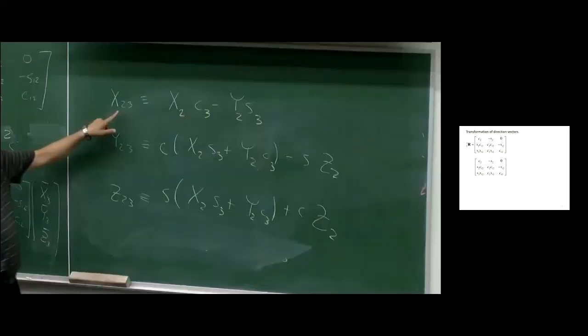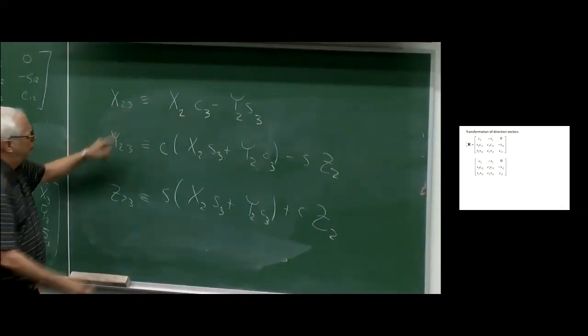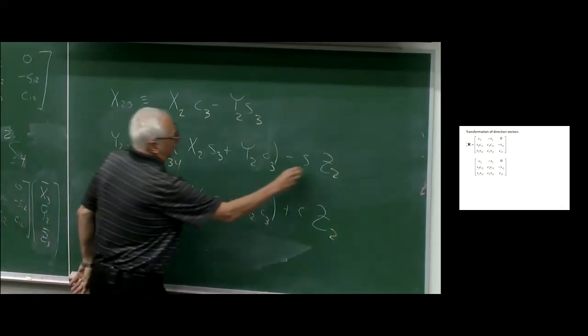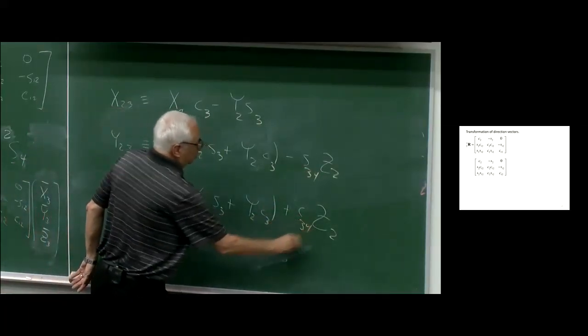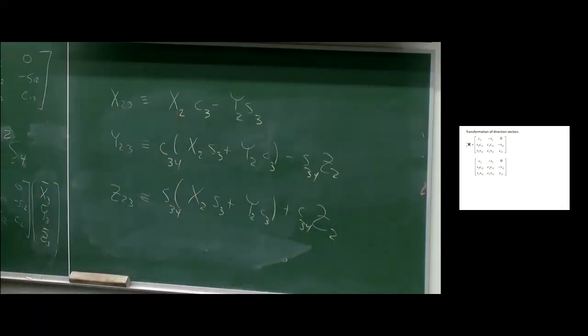I come over here and I say 2, 3, the next number is 4. So if we ever see X23 written down, its definition is that, although we haven't seen it, if we ever did, that's what it would be.